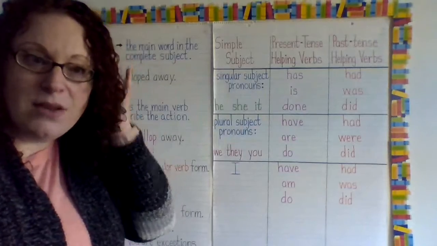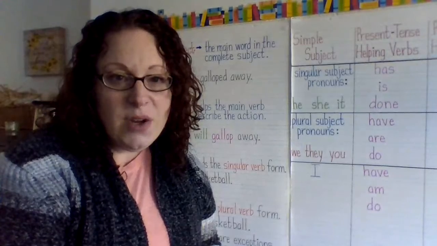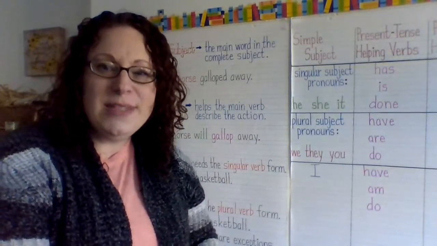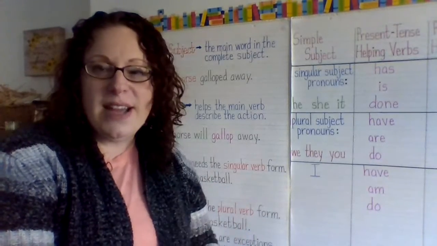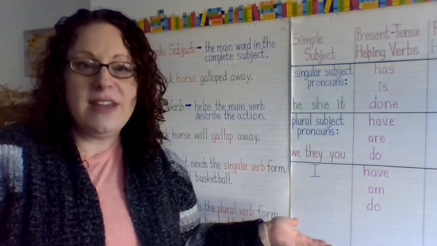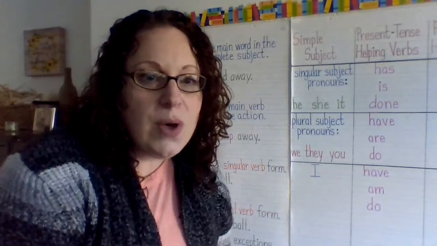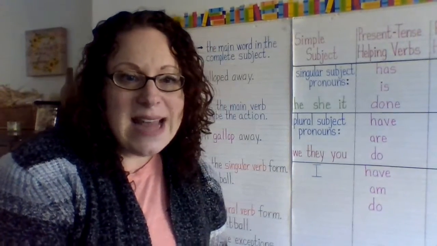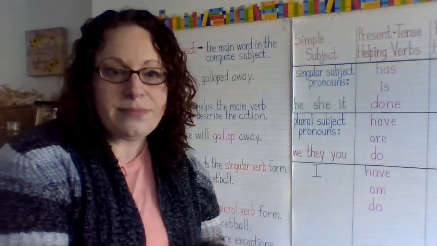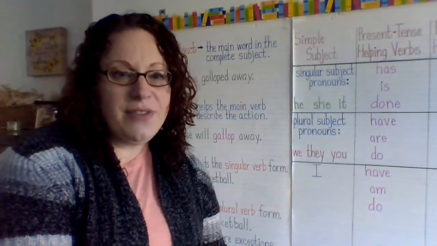Okay. Number 2, the National Basketball Association did or do establish official rules for the game. You'll notice sometimes you read these sentences, you put both words in there and you know which one sounds better, because some of them sound really goofy, but the idea is to break it down so that you understand why. So our simple subject is National Basketball Association. It all goes together. And it says did establish official rules for the game.